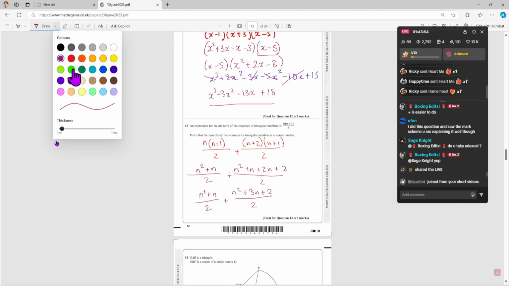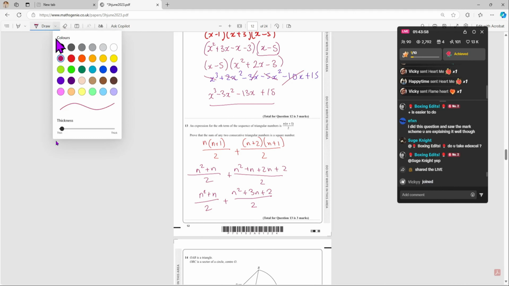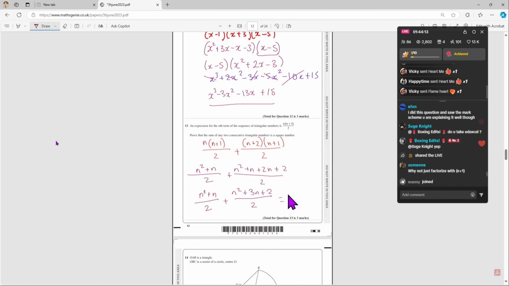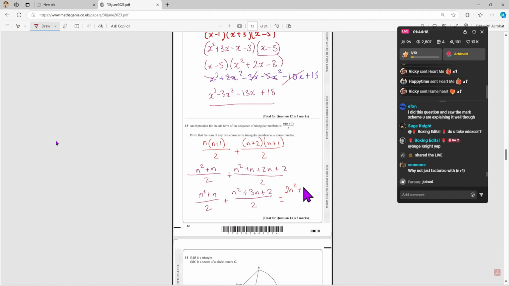Now, once we have done that, we're going to put them together, because since they have the same denominator, that means we can add them together. So we're going to put these two fractions together. So over here, this will be equal to 2n squared plus 4n plus 2 over 2. So basically, I put them together and we got that.